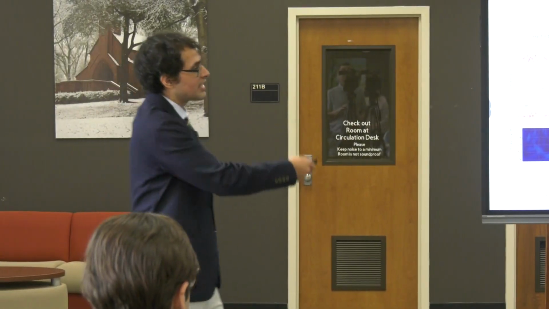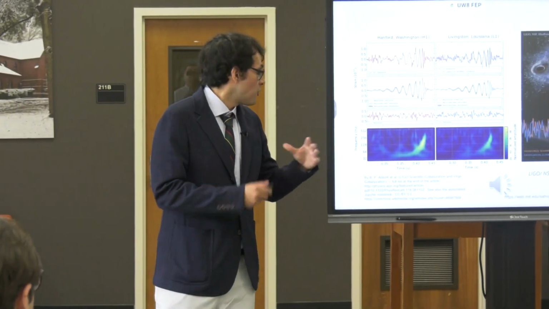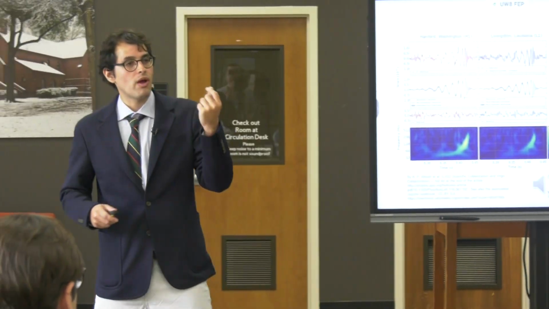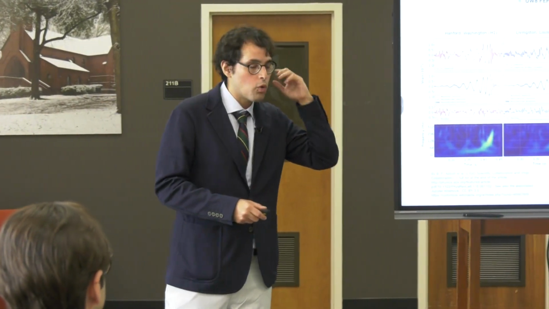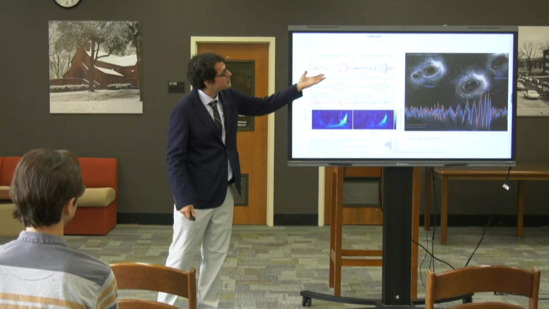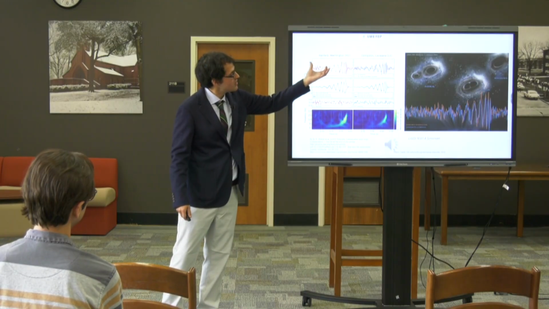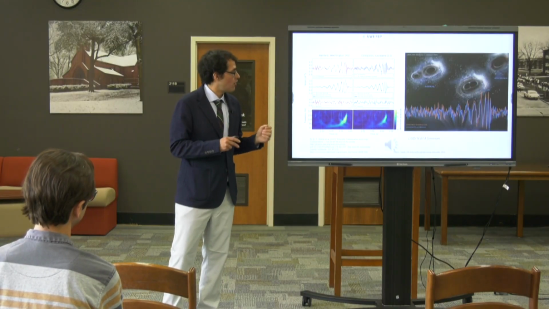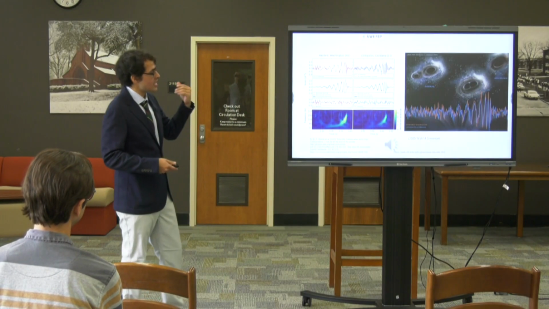You may have heard that gravitational wave astronomy is our ears to the universe, because the frequencies contained in these waves are the same kind of frequencies as the waves that we hear.